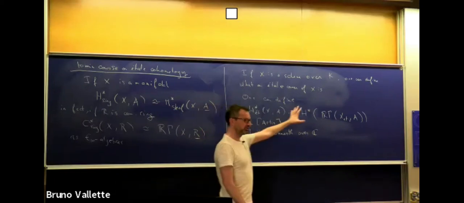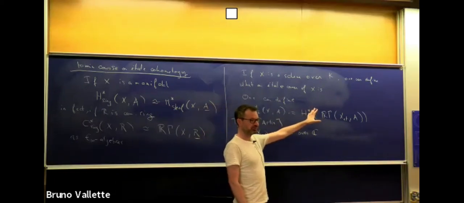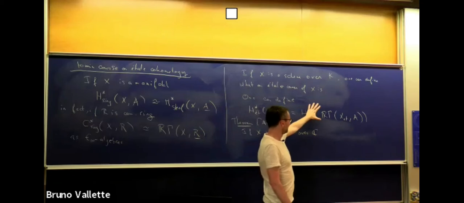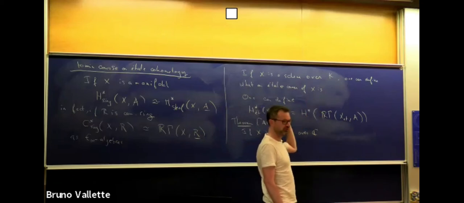So Gamma is global sections, and R is the derived functor of global sections. So this will be an object in the derived category of abelian groups, and we take cohomology.